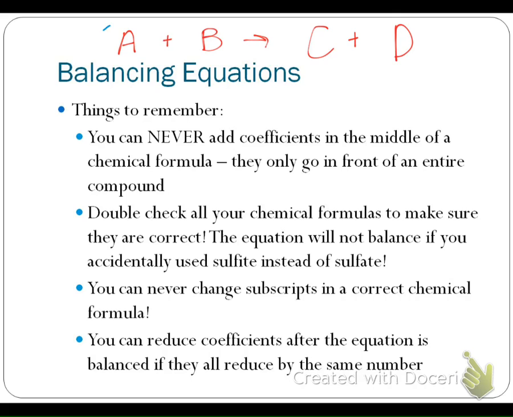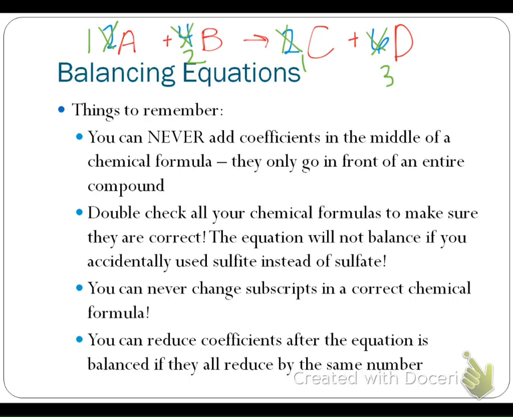If I have 2A and 4B yields 2C and 6D, are those all divisible by 2? Yeah, so I can reduce them so that it's just 1A, 2B, 1C, and 3D.